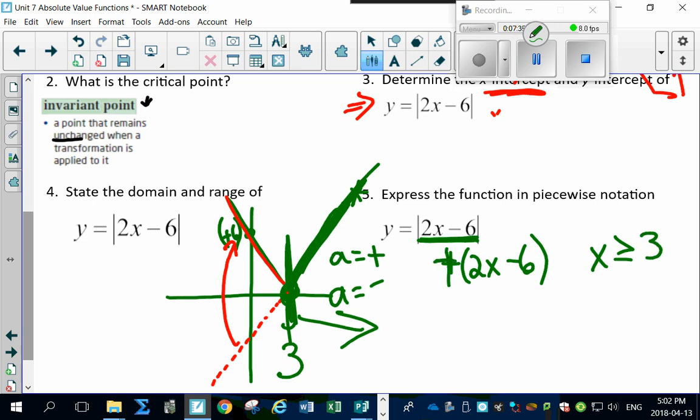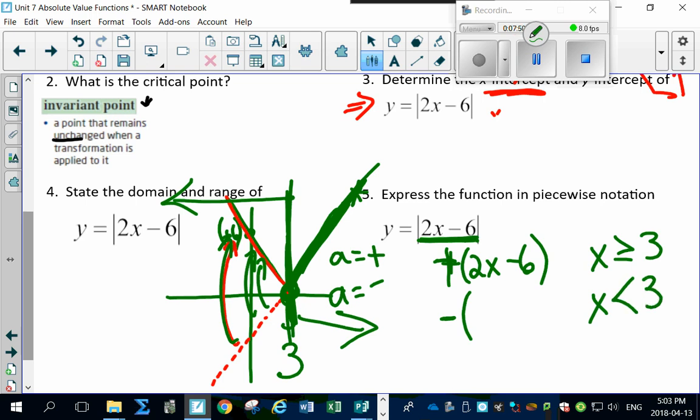This graph was fine. But it was when you flip the graph, this major flip here, for any value less than that critical point 3, this entire graph was flipped. And that is your piecewise notation.